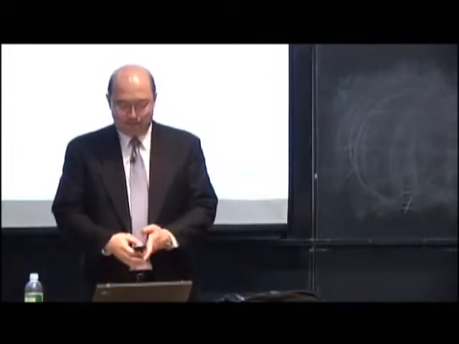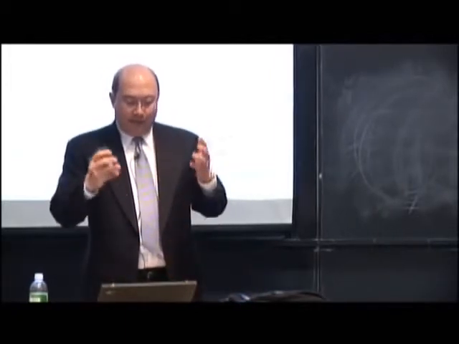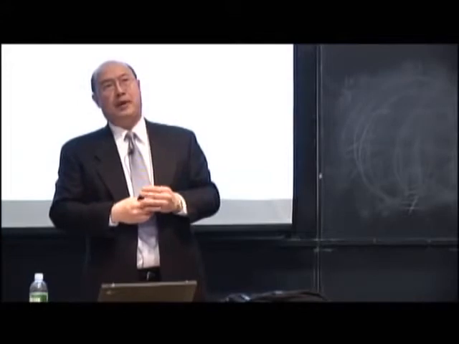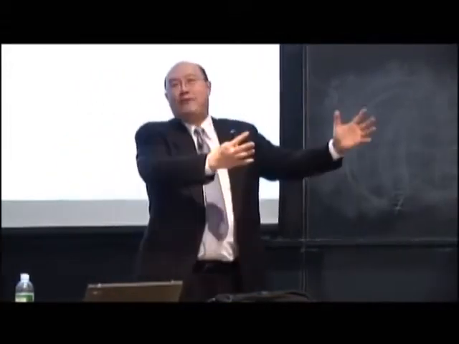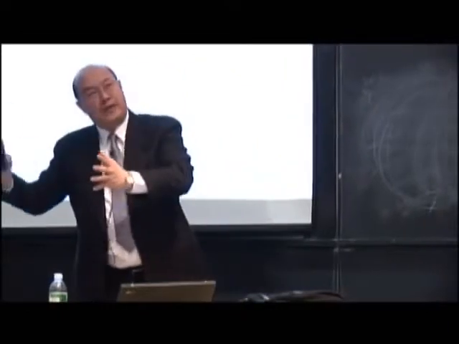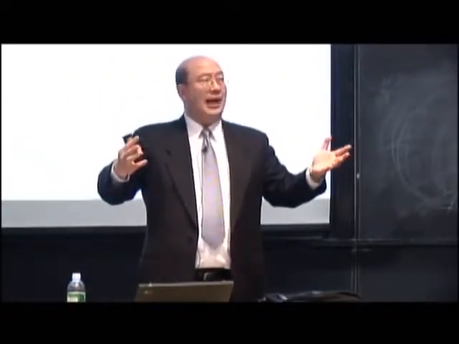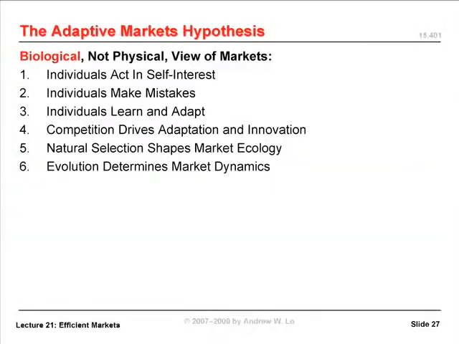Now, let me tell you about the adaptive markets hypothesis and how I'm going to put it all together for you. Behavioral finance and rational finance, they are both correct, and they're both incorrect. The reason that they're both correct is that they both apply to certain circumstances.